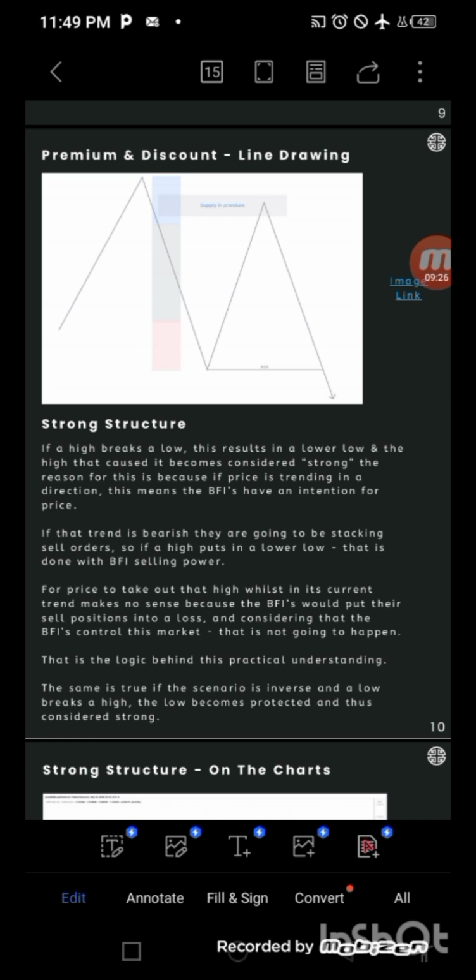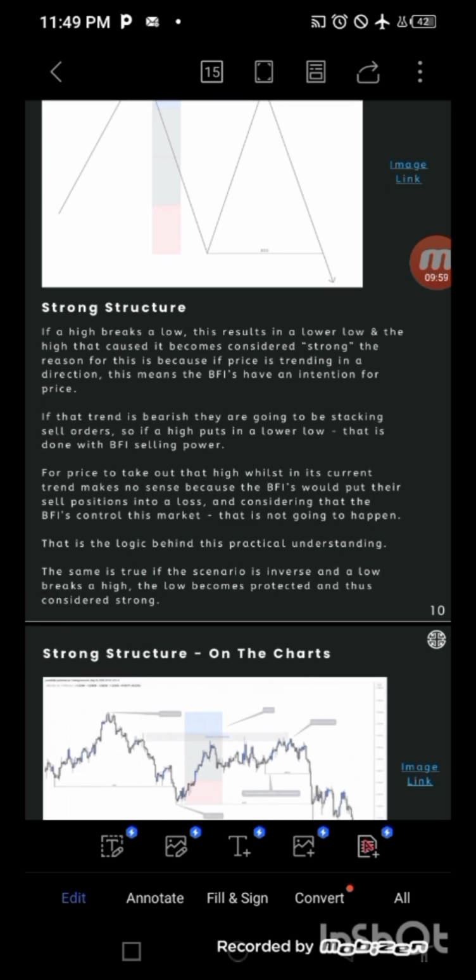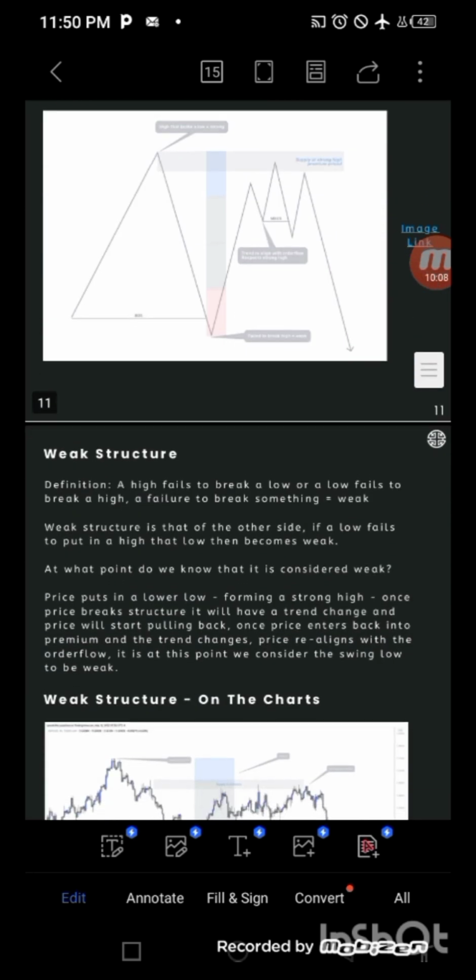So if the high puts in a lower low, that is done with the bank financials' selling power. For price to take out that high in its current trend makes no sense, because the bank financials would put their sell positions at a loss. Consider that the banks control this market. That is not going to happen. That is the logic behind the practical understanding. The same is true if the scenario is inverse and a low breaks the high. The low becomes protected, and is thus considered strong. That is it.